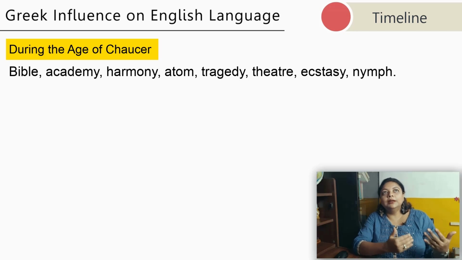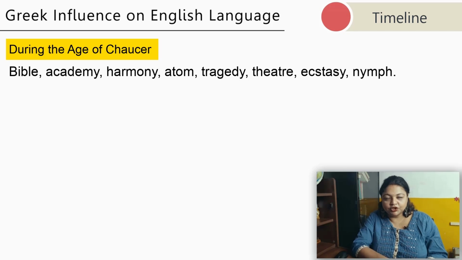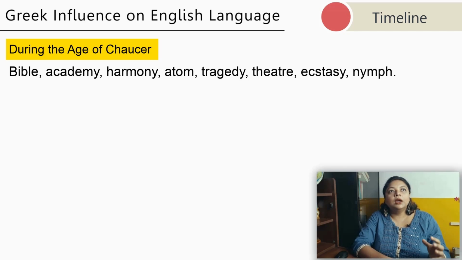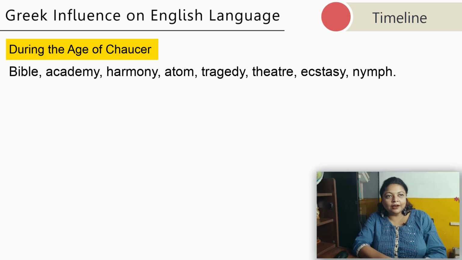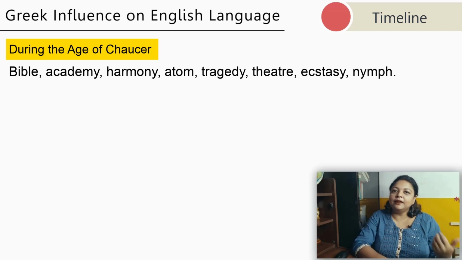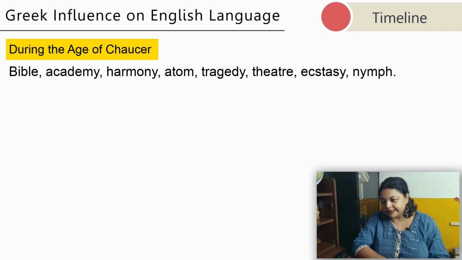Sometimes to ease pronunciation, to make it more comfortable or convenient for English people, there were some distortions made to the words, but they were taken up from the Greek language.